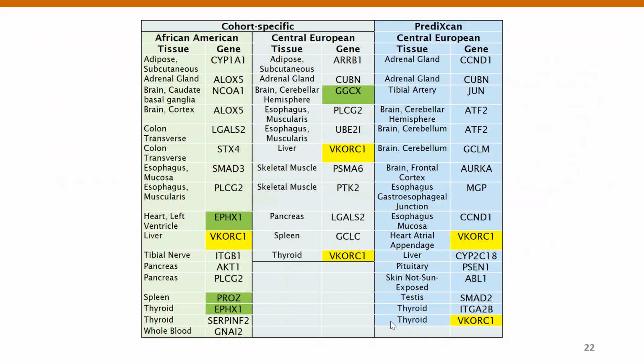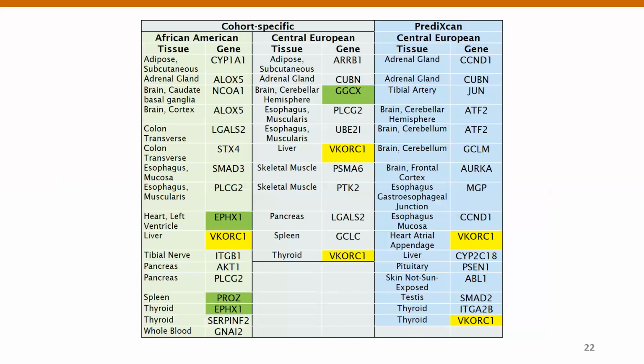What is also interesting in green here is that these are genes that were already implicated in genome-wide association studies based on close proximity to the SNPs that were statistically significant.